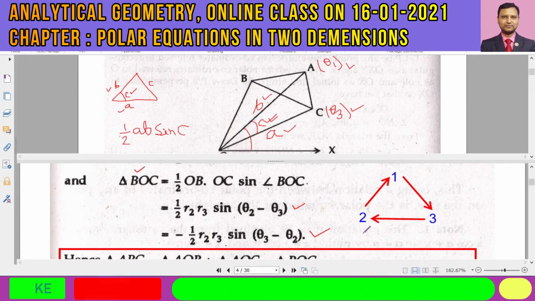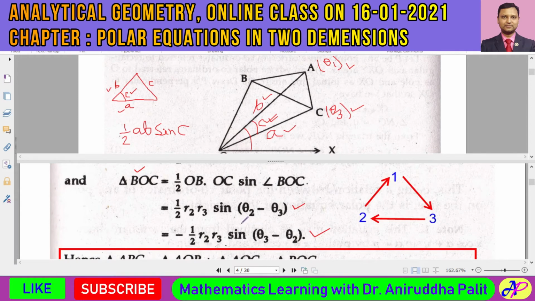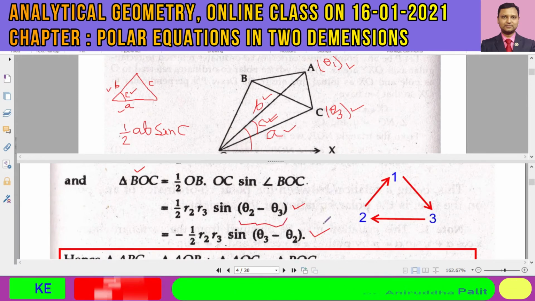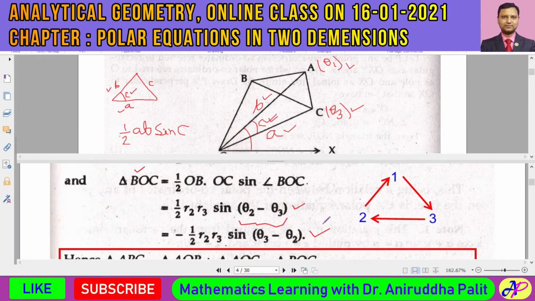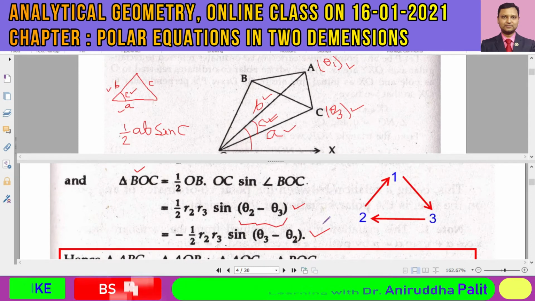Please be very careful about their signs. Sometimes we get theta 3 minus theta 2, sometimes theta 1 minus theta 2, so you may get confused.